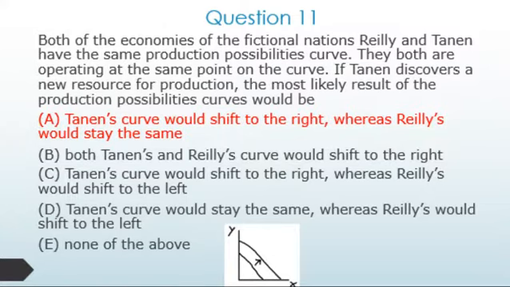So the answer would just be A. T's curve would shift to the right, whereas R's would stay the same. And that just has to do with a country improving its PPF if it has more entrepreneurial ability, more technology, more education, more human capital, or in this case, more resources for production.